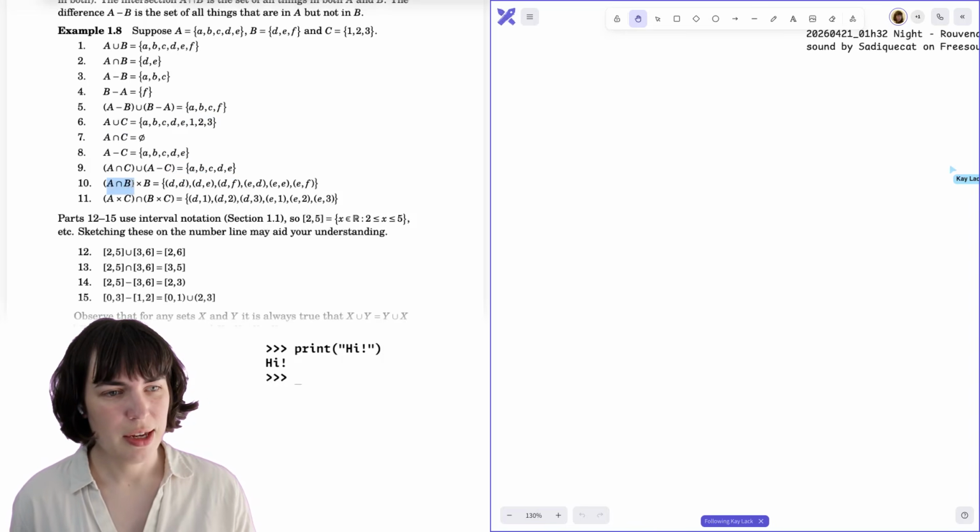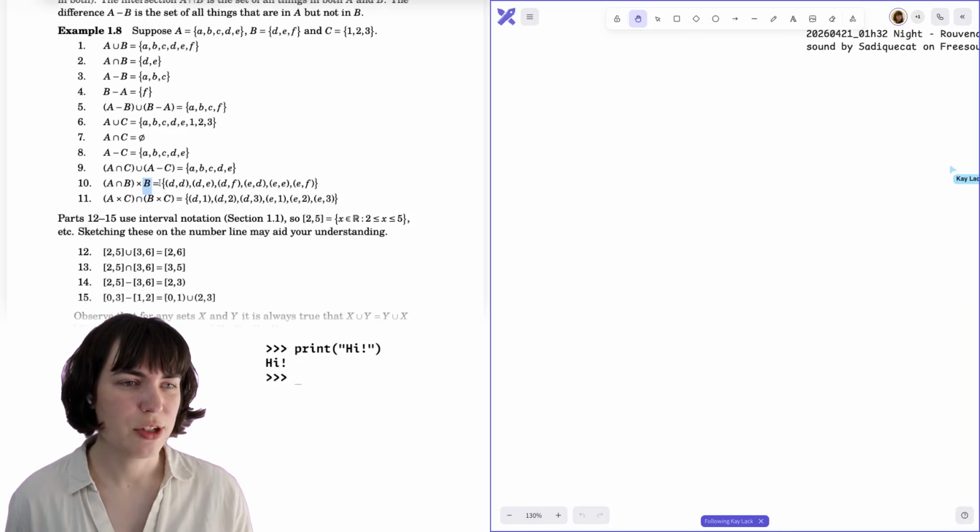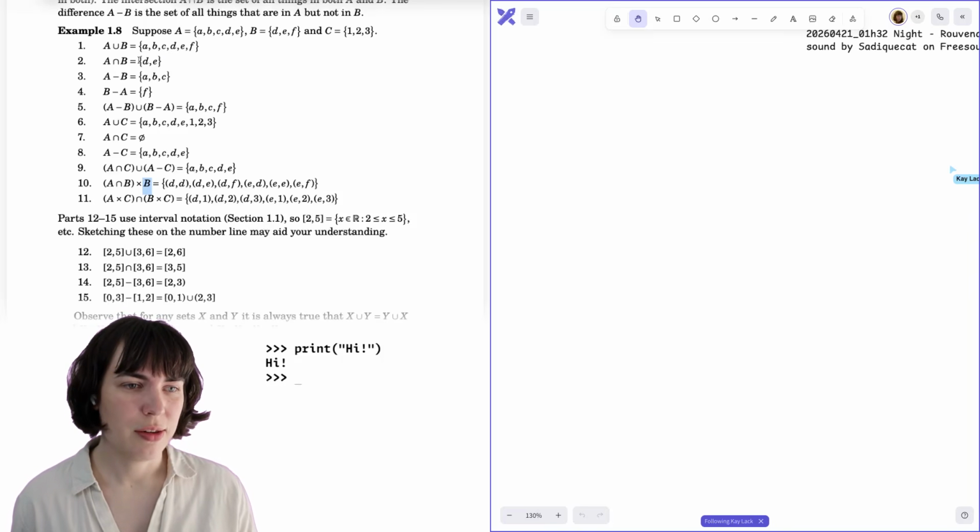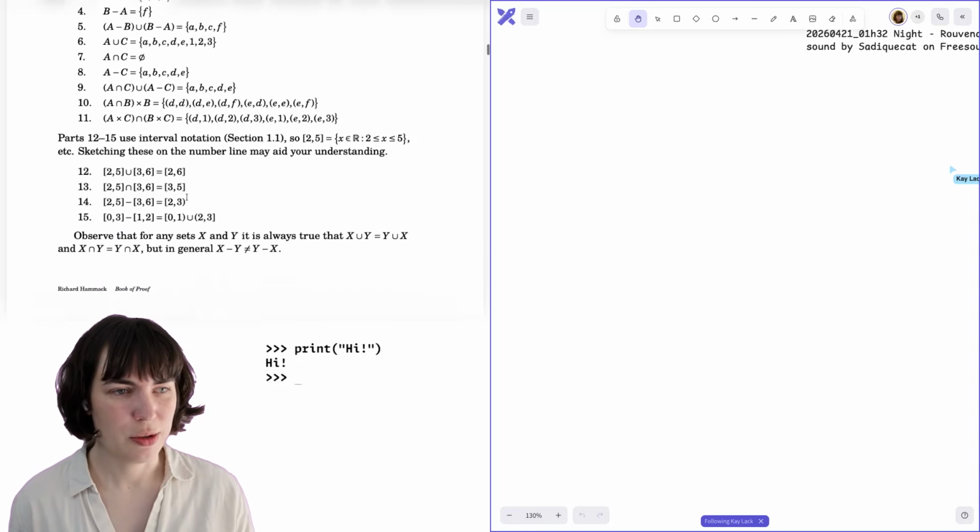And then we would take A times B, which gives a set of ordered pairs, which is everything in here against everything that's in B. So, yeah, 6 elements, and so on.